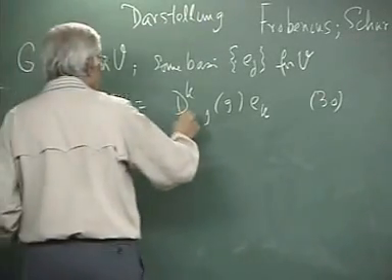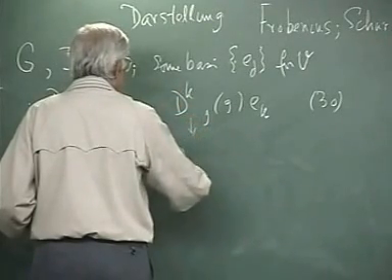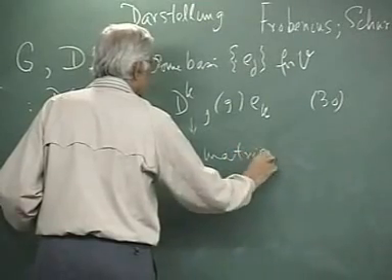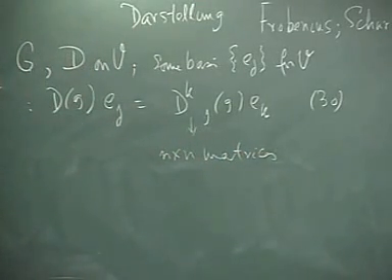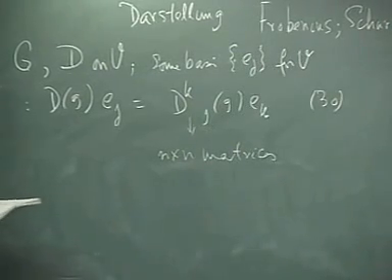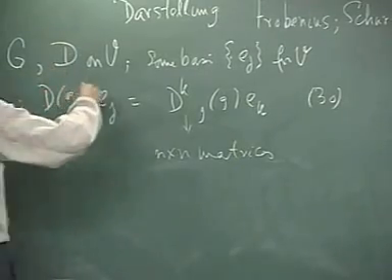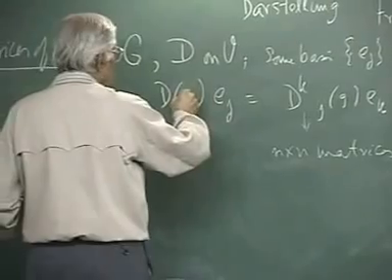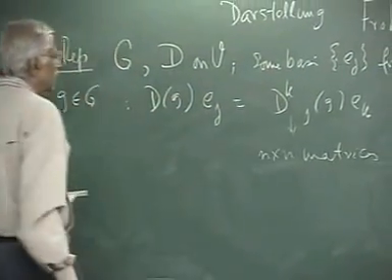So these can be thought of as n by n matrices. The notation is that the superscript is a row index and the subscript is a column index. So you can see that given a representation, when you choose a basis in any way you like, the representation gives rise to a family of matrices.